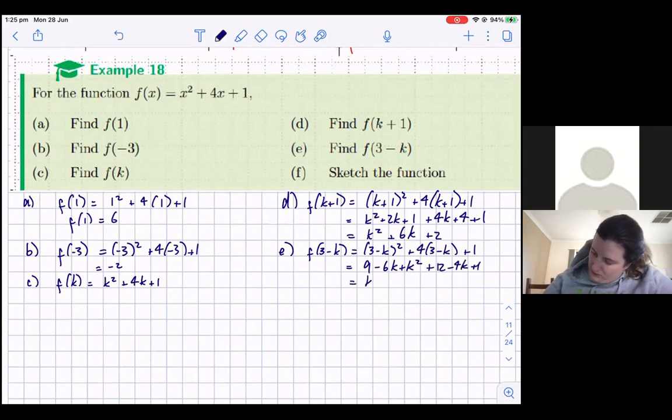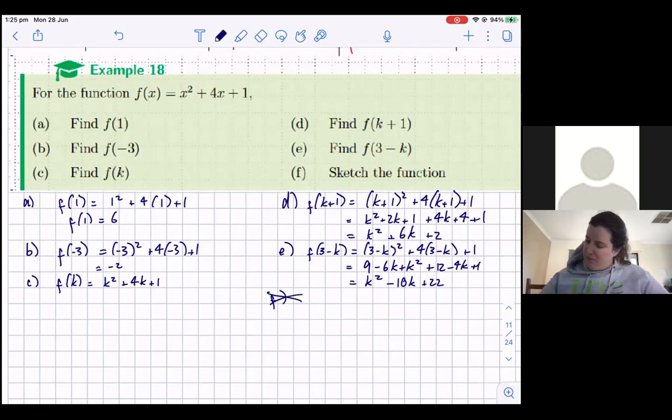So we've got k squared take 10k, 9 plus 12, 21 plus 1, plus 22. And F, sketch the function. x squared plus 4x plus 1. We know how to sketch functions. So you're welcome to do that, but I'm not.